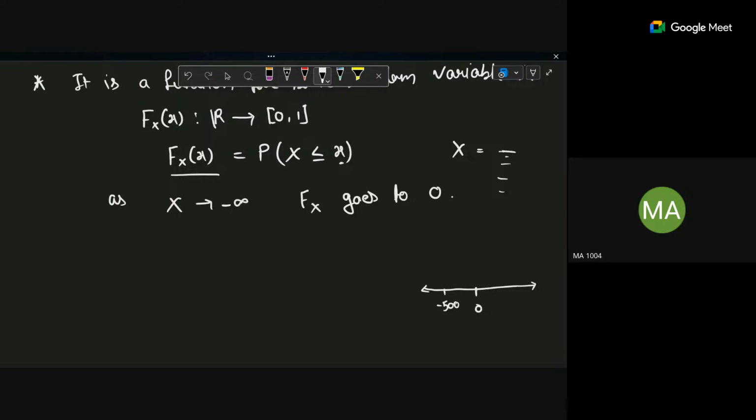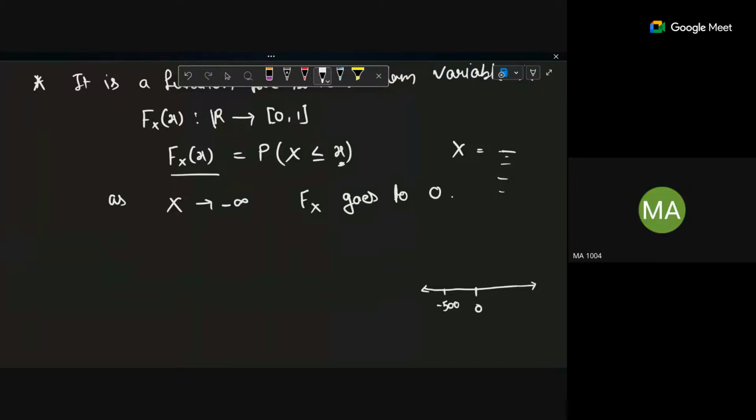So once your x approaches negative infinity, the definition for CDF is that it is the probability of all X which is less than or equal to this small x. So once this is negative infinity, or a number which is not taken by the random variable, your CDF will be 0 at that point, right?